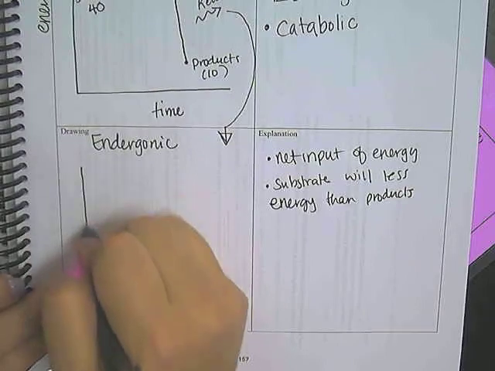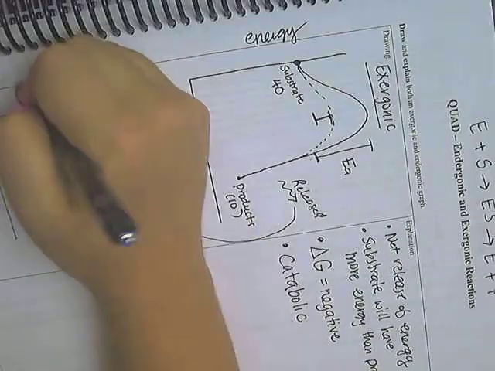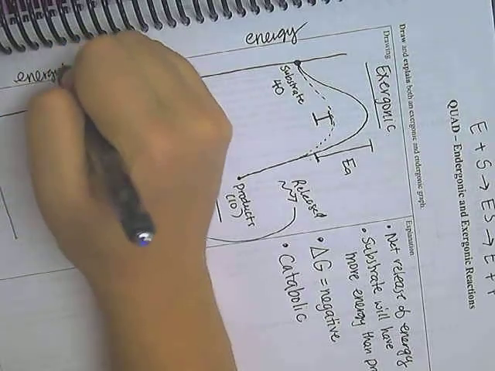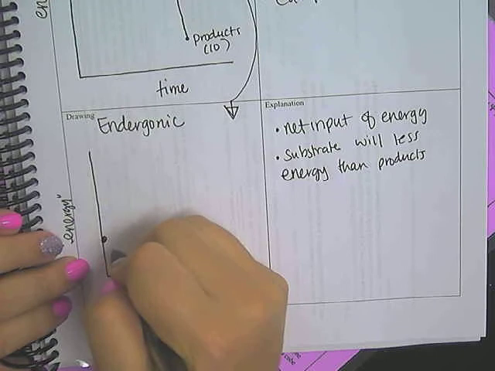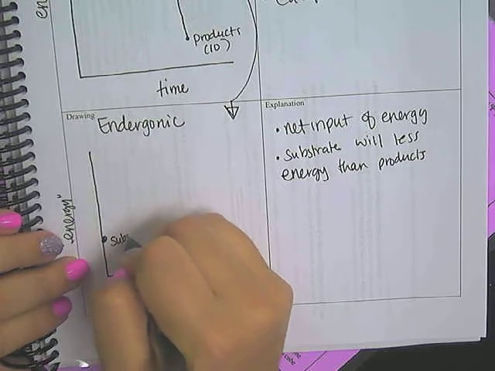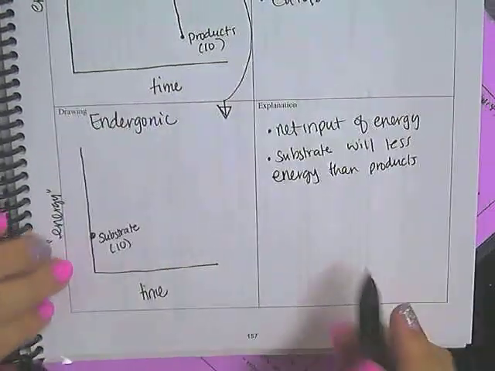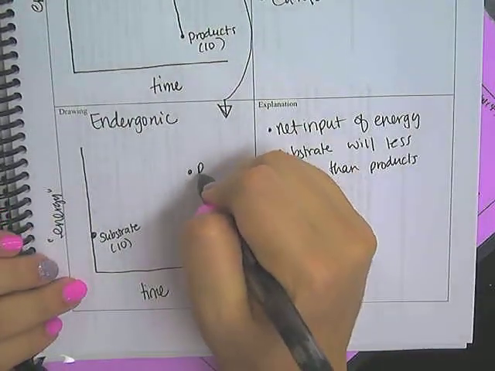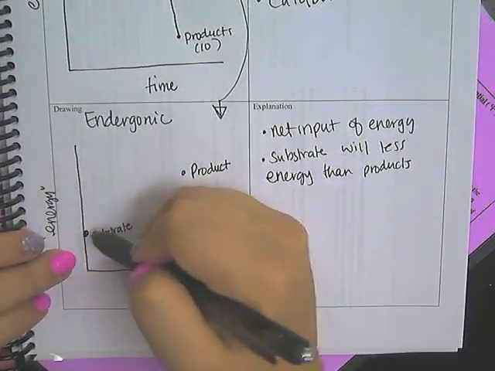And so when we look at this graph over time, and again, generic units of energy over here, let's say our substrate starts with 10 units of energy. Again, making up a total random number. And then our product will have more energy than what we started with.